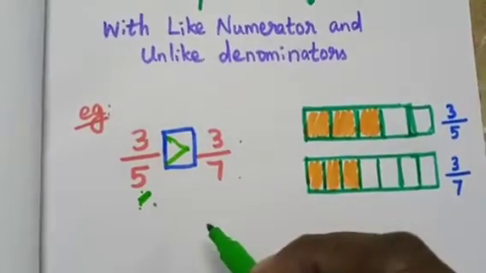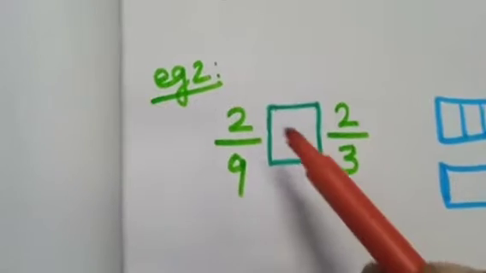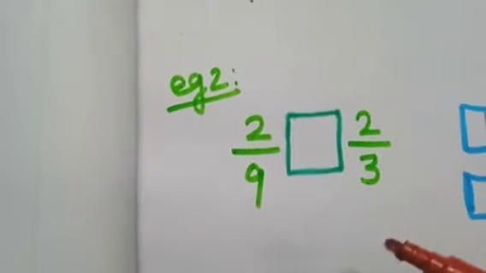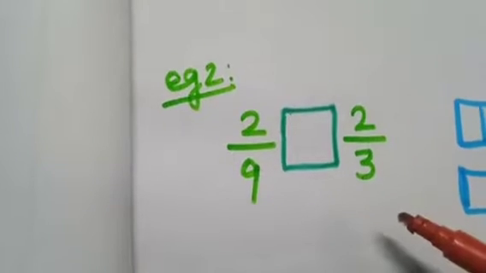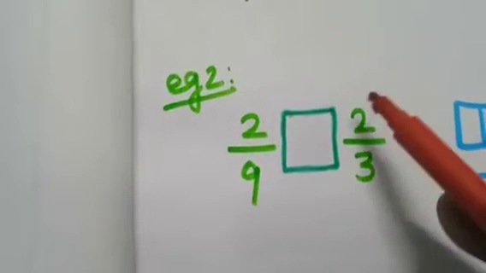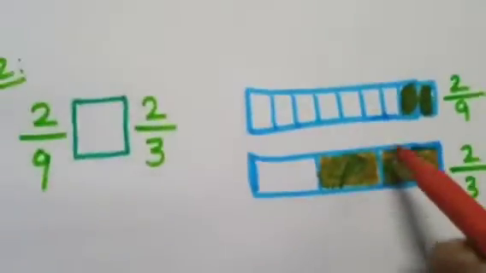Let us see another example. See this example, 2 by 9 and 2 by 3. I already said the fraction with the smaller denominator is the bigger fraction, isn't it? Let us check with the next figure.